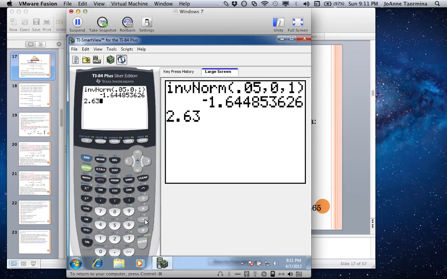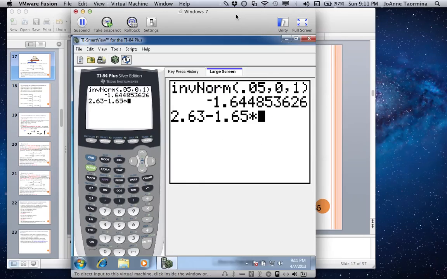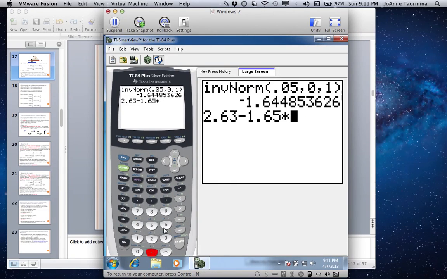So you have 2.63 minus 1.65 times sigma, which is, again, 0.6, divided by the square root of 36.